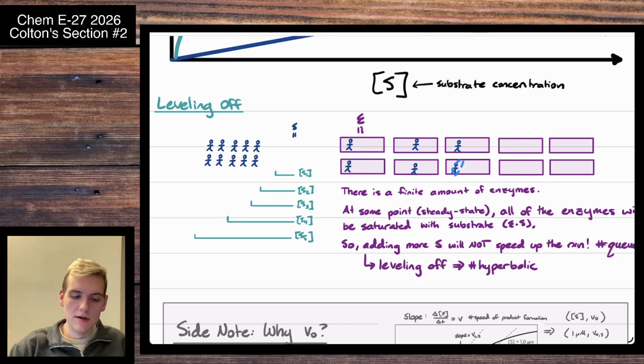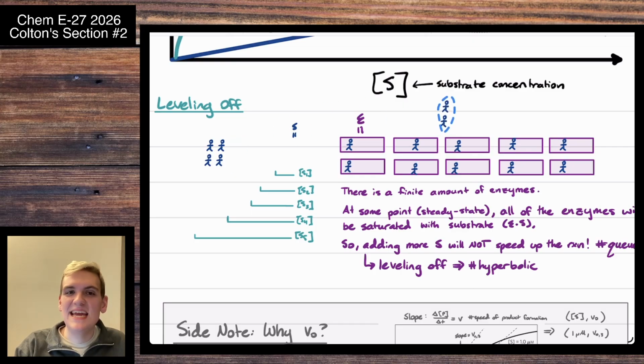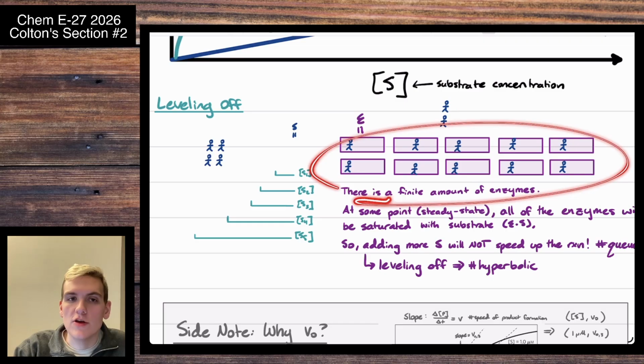We're getting faster. Then if I add these guys, wow, we're getting faster. More substrate into more enzyme. Adding these, same thing. But then when I go to add these, all the enzymes are taken up. And so adding this more substrate is not going to speed it up further because all of the enzyme is taken up doing more reactions.